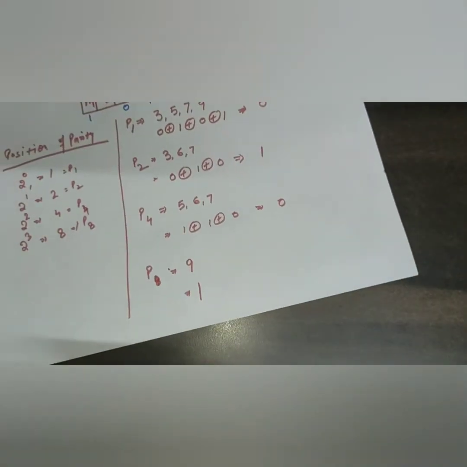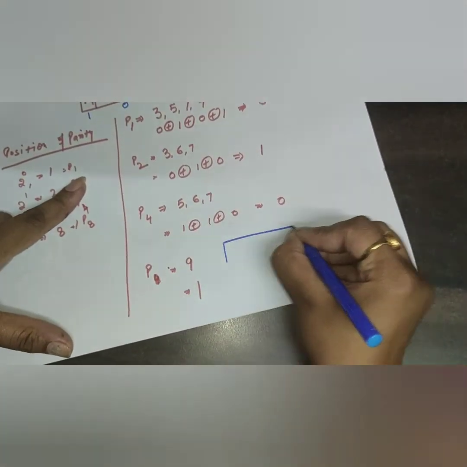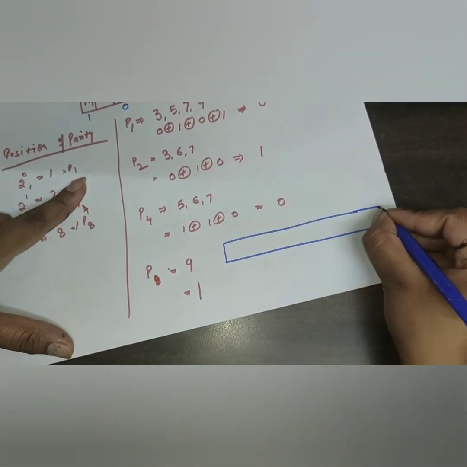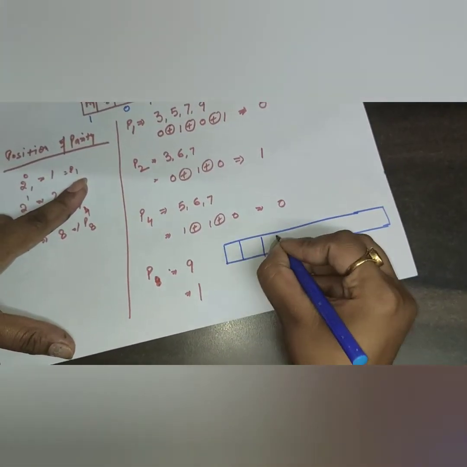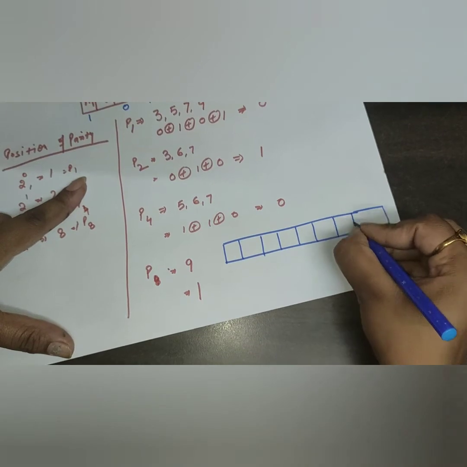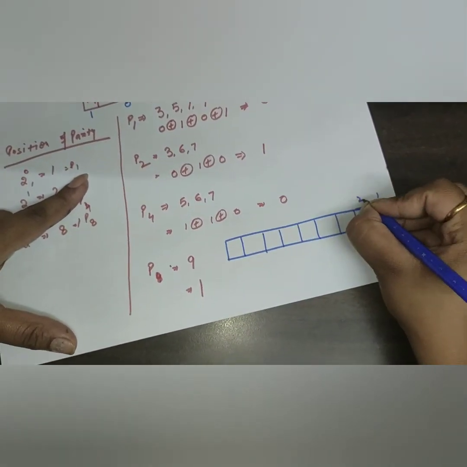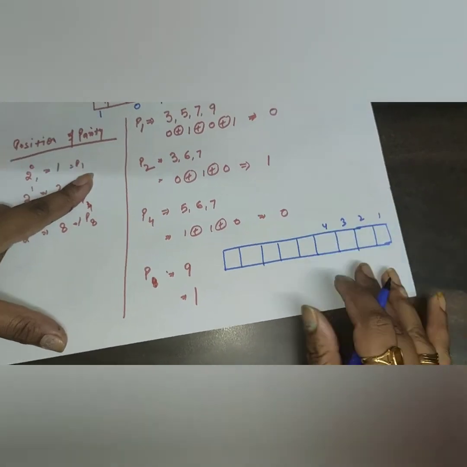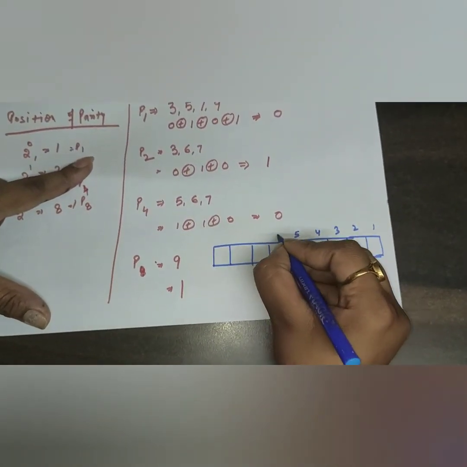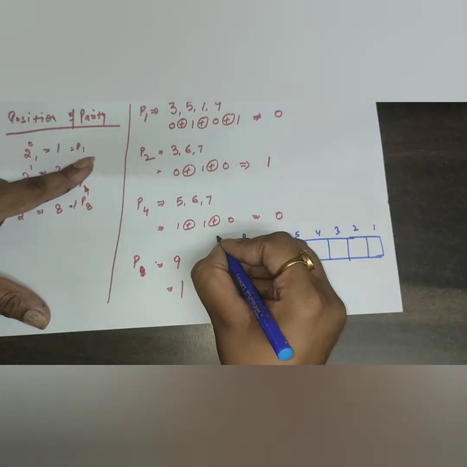Now we should write our message like this. 1, 2, 3, 4, 5, 6, 7, 8, 9.